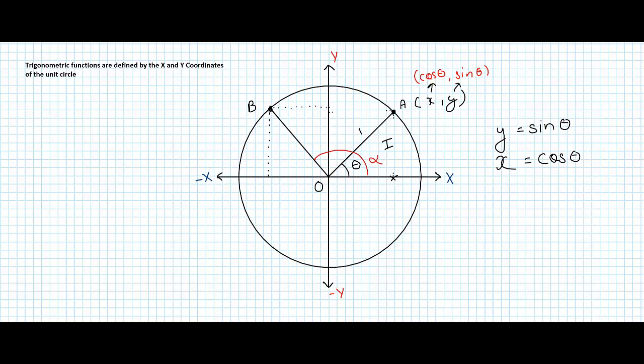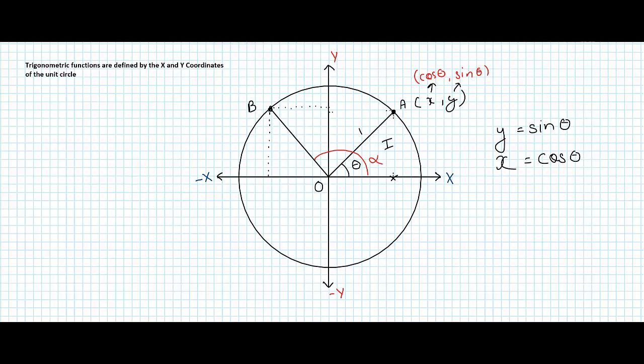As I defined earlier, the coordinates of any point on the unit circle are defined by the trigonometric functions cos and sine respectively, so we can apply the same principles here and draw some conclusions.